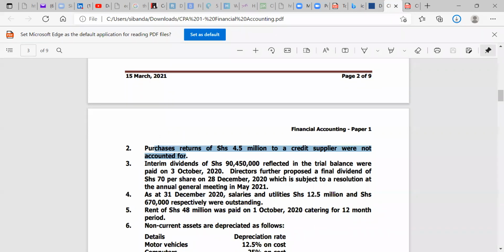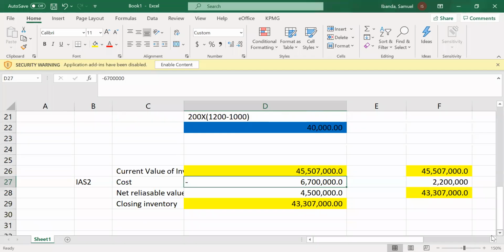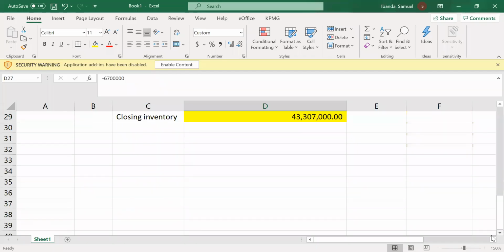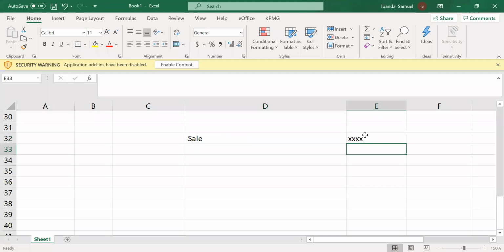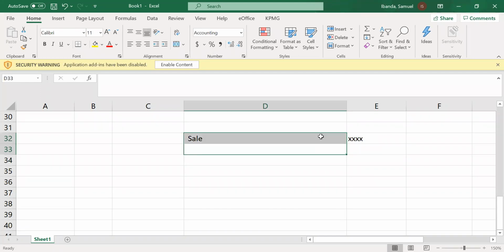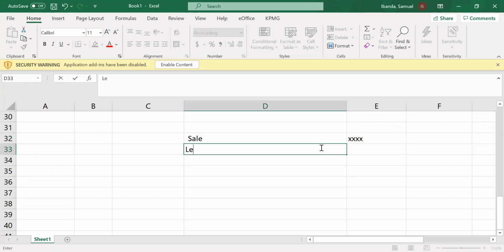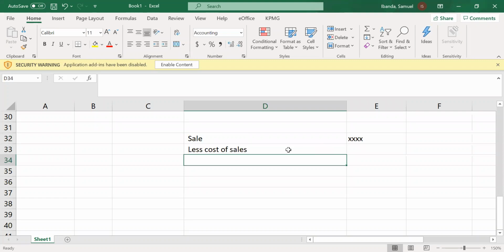Now, we should remember that when we are preparing our so-called statement of comprehensive income, we start with sales. You start with sales, and then we have less cost of sales.